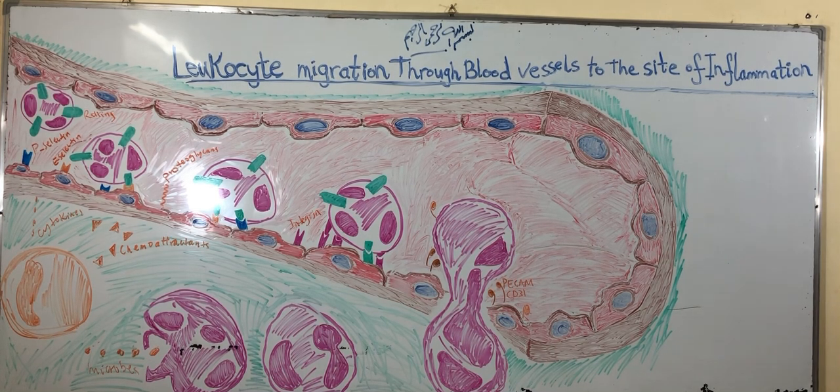From the onset of the inflammation, the neutrophils are apparent in the first 24 hours. After 24 hours, we will no longer have neutrophils, we will have macrophages. That's why the first responders are the neutrophils.